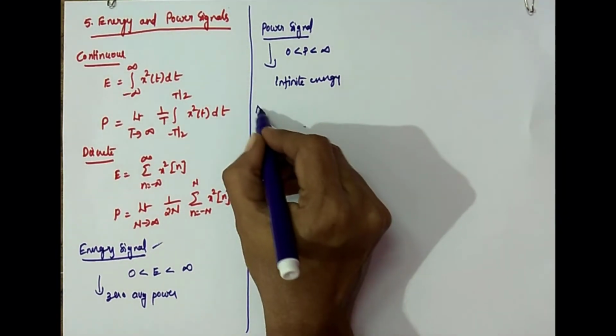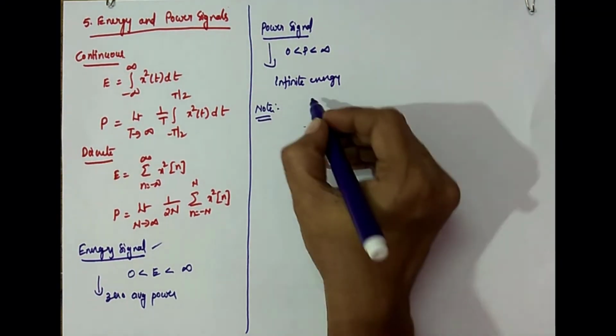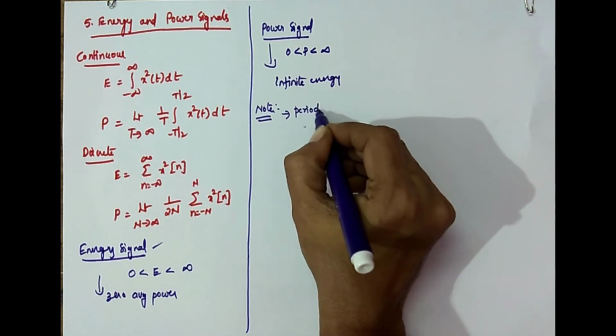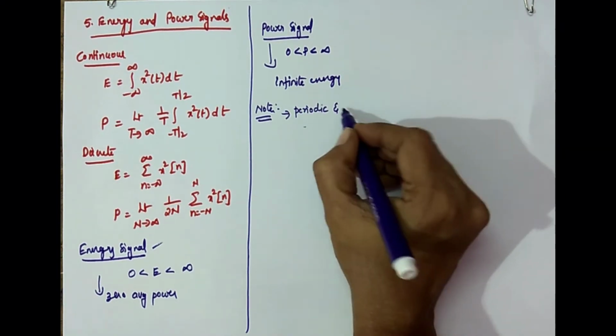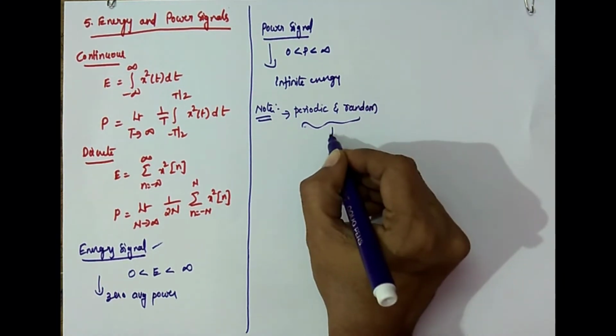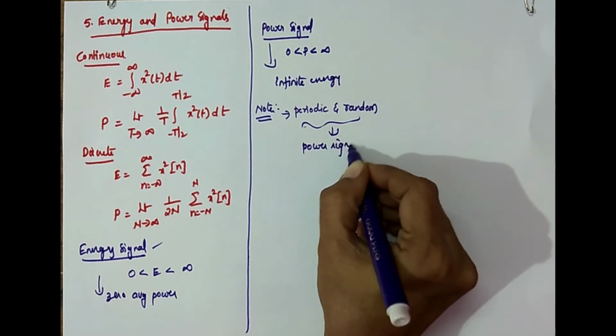Another important point to note here is that periodic signals and random signals come under power signals.